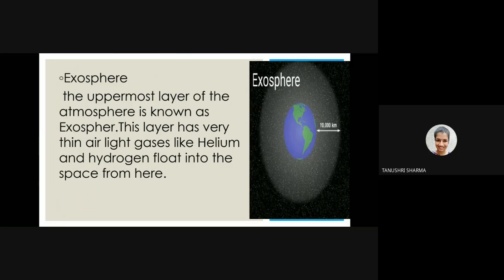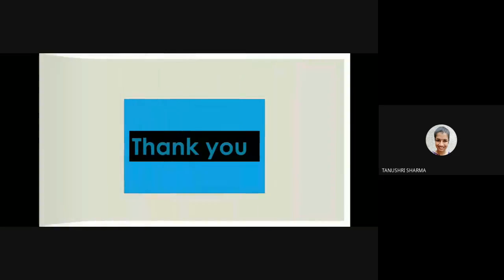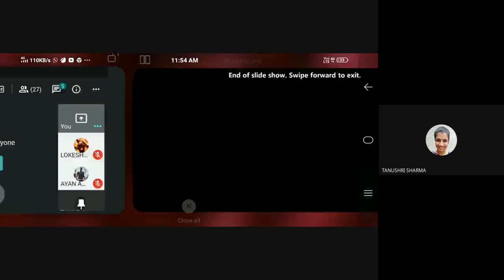The last layer is the exosphere. The uppermost layer of the atmosphere is known as the exosphere. This layer has very thin air. Light gases like helium and hydrogen float into space from here. Thank you.